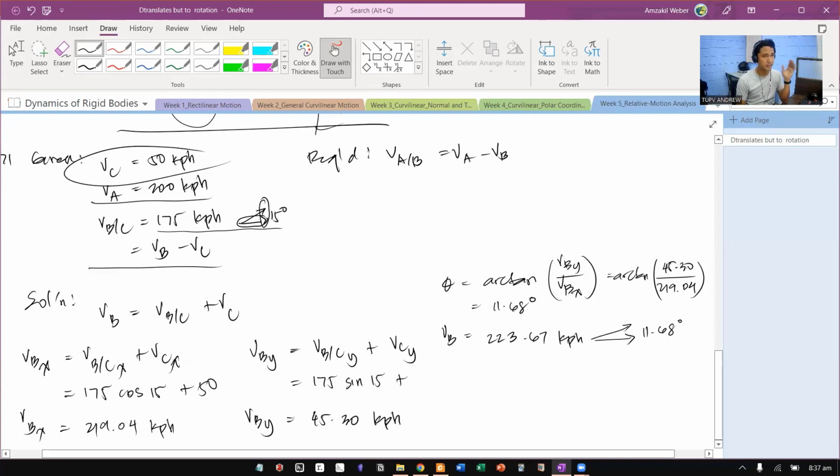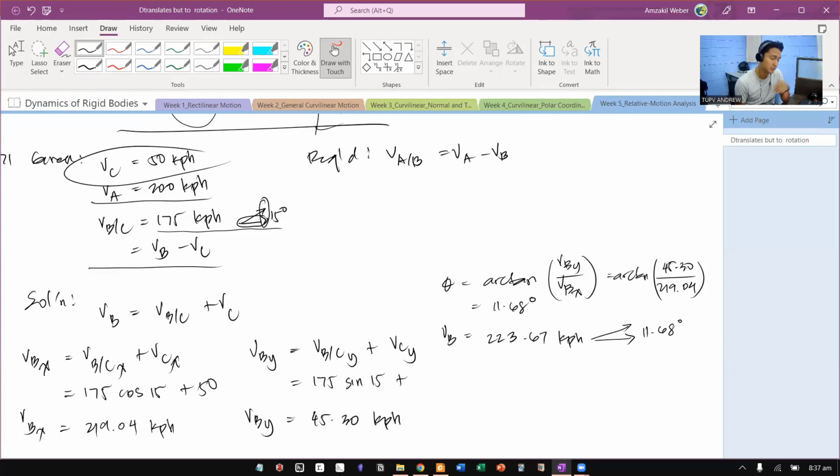This is the absolute velocity of B with respect to the steel wall. Okay, so if it's 15 degrees, there is also some forward velocity of the aircraft carrier, which is 50.